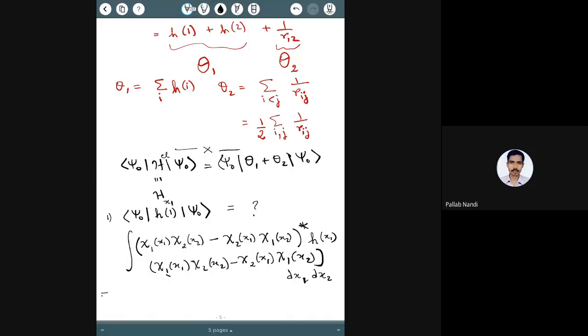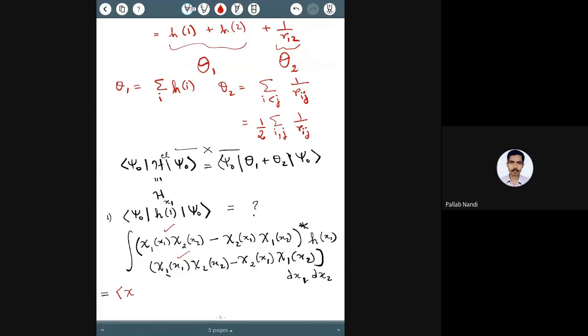Now we inspect it. h depends only on x1. So anything that depends on x2 can be integrated independently. Let's look at the first term from here and the first term from here. I will now write it in Dirac notation, just to make it smaller.